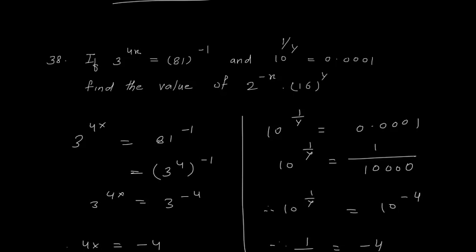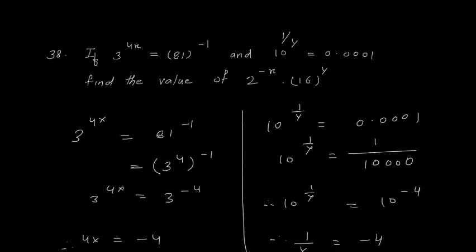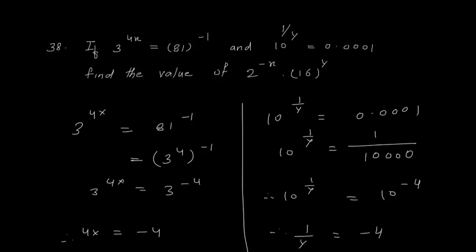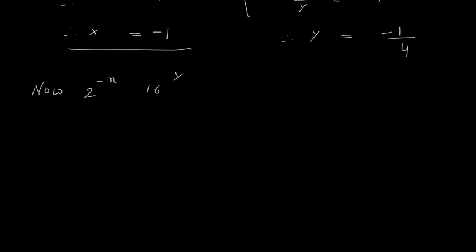Now we have to find the value of 2 power minus x into 16 power y. So 2 power minus x into 16 power y is equal to 2 power minus x. So x is minus 1, so minus x will become 2 power plus 1 into 16 power y. The y is minus 1 upon 4.